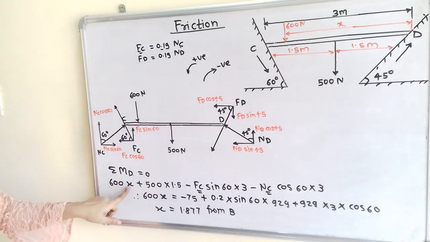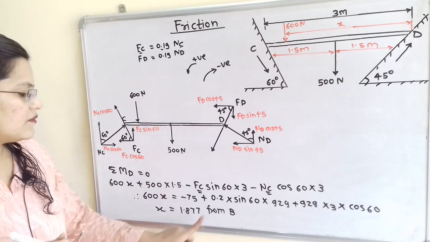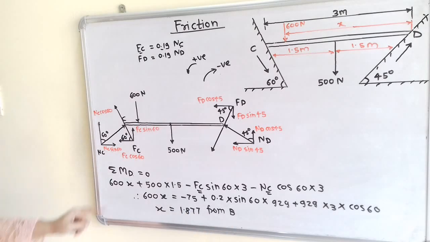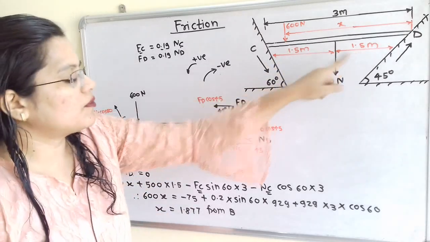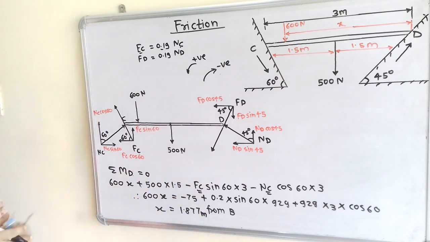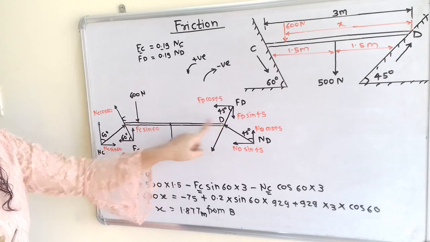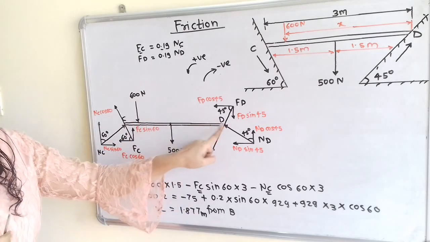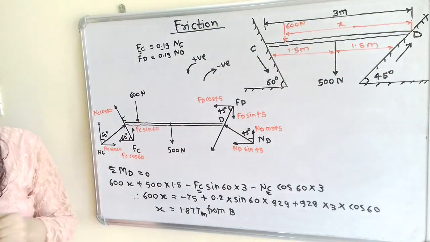So X is equal to 1.877. Its unit is meter, because all the units, if we observe, are in meter. So we can place the 600 Newton load at a distance of 1.877 meter from this point D, because X is the distance from the point D.